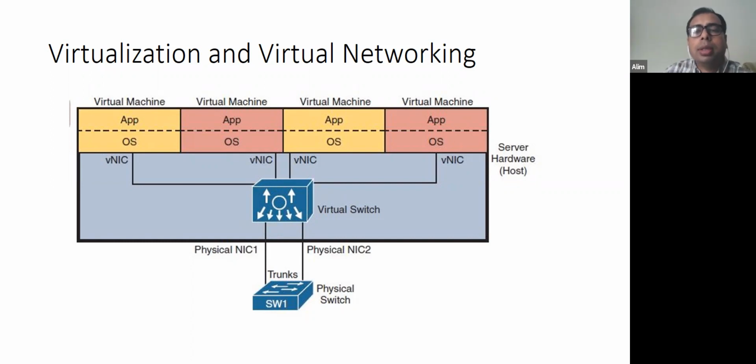In this software based network, you have a switch, we call it virtual switch or vSwitch, and it has a network interface card, we call it VNIC as it is virtual. These VNICs are connected to the virtual switch, and this virtual switch is connected to the physical switch in trunk mode, if you use multiple VLANs, say your virtual machines are in different VLANs. In that case, you will connect a trunk interface.